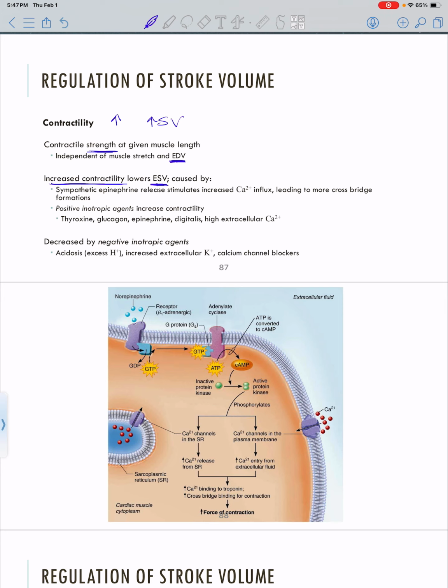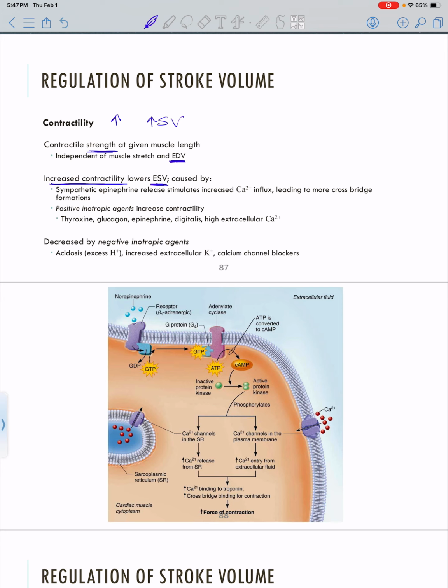If something weakens our heart muscles and lowers our contractility, it's not going to be able to push as much blood out of our ventricles with each contraction, which means there's going to be more blood left in our ventricles at the end of contraction, which means we're going to have a higher end systolic volume.